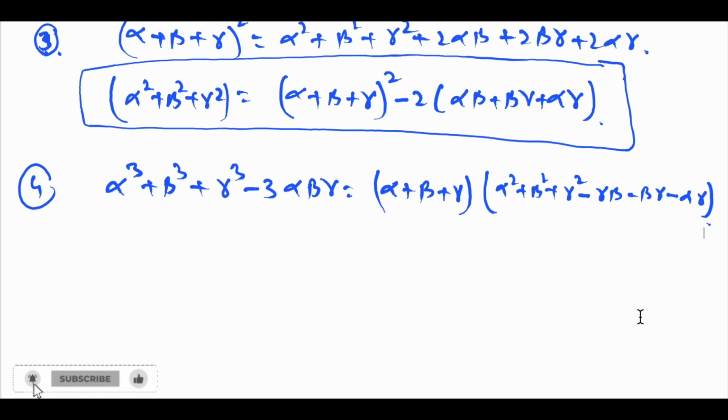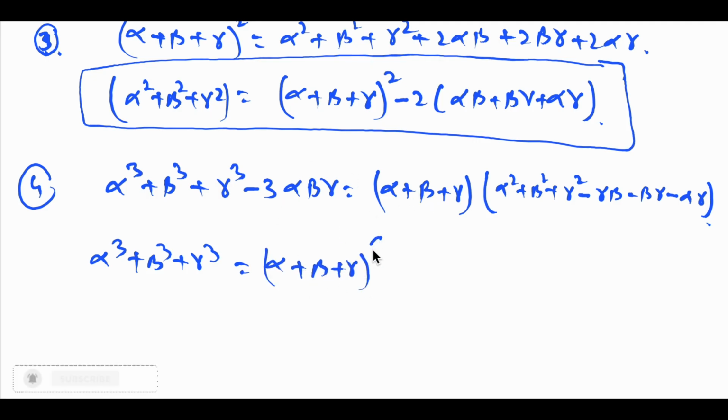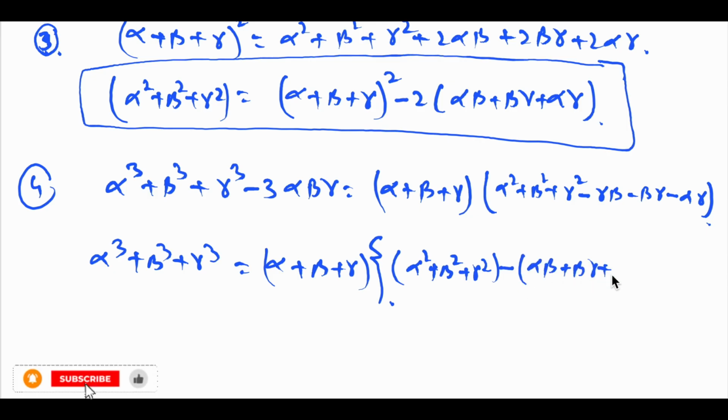So now I need only alpha cube plus beta cube plus gamma cube. So alpha cube plus beta cube plus gamma cube will be equal to alpha plus beta plus gamma, and in the bracket I'll write alpha square plus beta square plus gamma square, taking minus common, alpha beta plus beta gamma plus alpha gamma. This is over. Now this minus 3 alpha beta gamma will become plus 3 alpha beta gamma. Thank you very much.